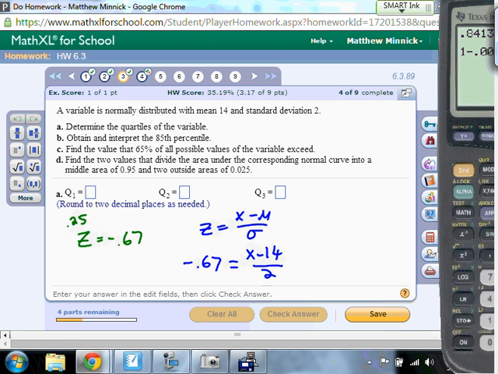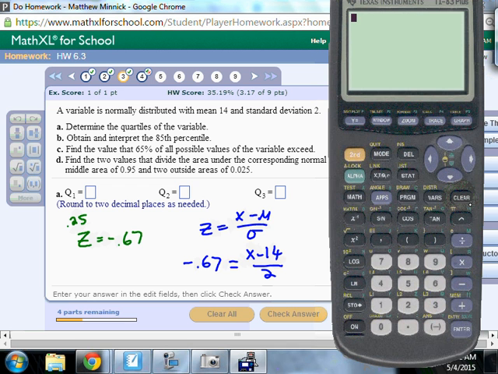Okay, and I'm going to go ahead and solve that equation, and I do that all in one step. So negative 0.67 times 2, and whatever I get there, I'm going to go ahead and add 14 to that. And so I get 12.66. So that's my lower quartile, 12.66.